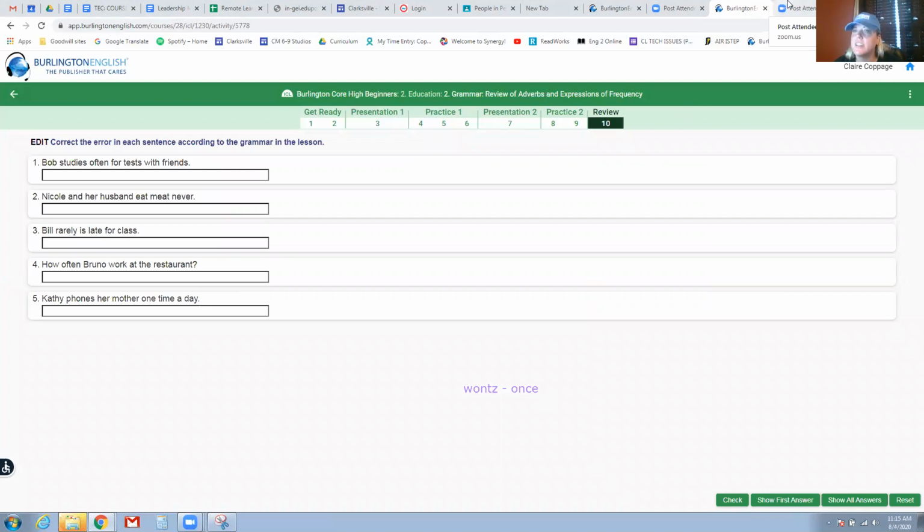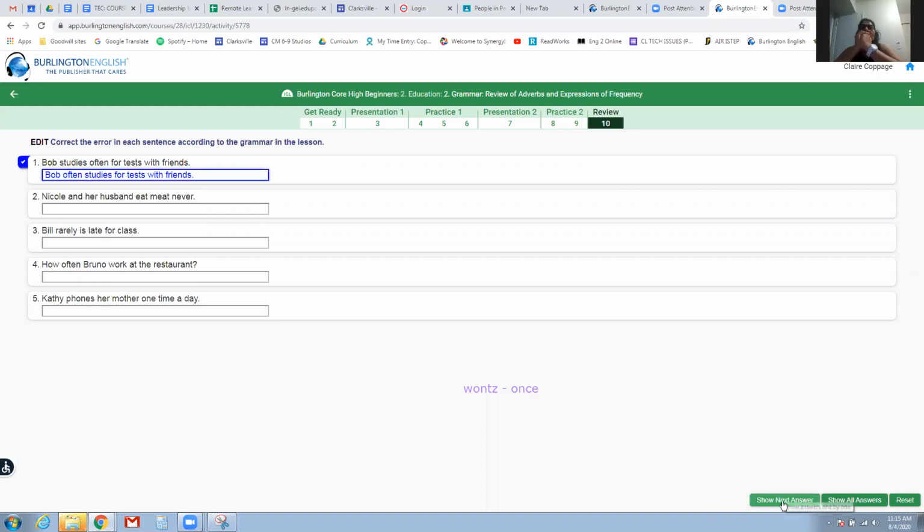All right. Last one. Correct the error in each sentence according to the grammar in the lesson. So we'll do these together, or you can tell me. So there's an error in each one. Number 1, Bob studies often for tests with friends. Mhm. So what is the error? Most often. Good. It comes before the verb. Very good.